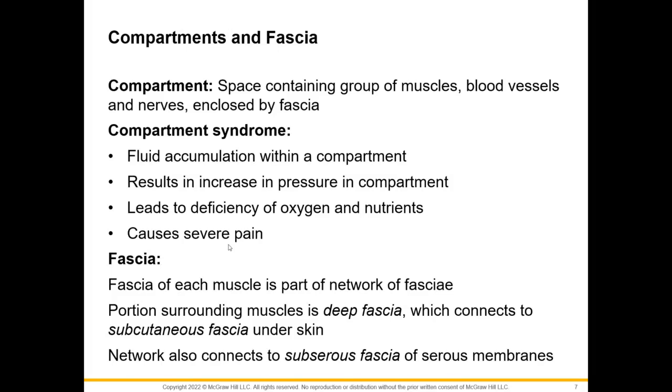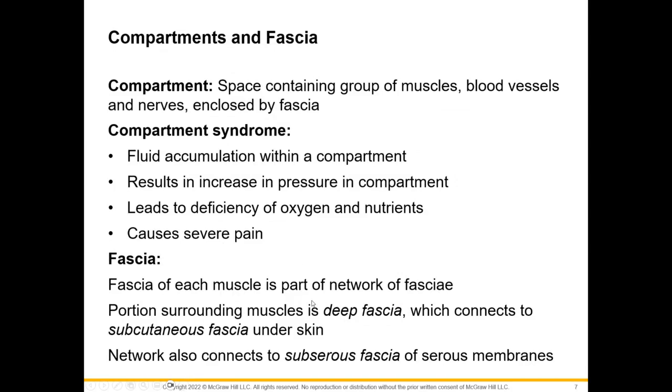So when we talk about muscles, we will often talk about compartments in fascia. A compartment is a space that contains the group of muscles and the blood vessels and the nerves, and it is enclosed by the fascia. Now, you may have heard of individuals having compartment syndrome before. Fluid accumulates in the compartment, results in increased pressure in the compartment, can lead to deficiencies of oxygen and nutrients, and causes severe pain.